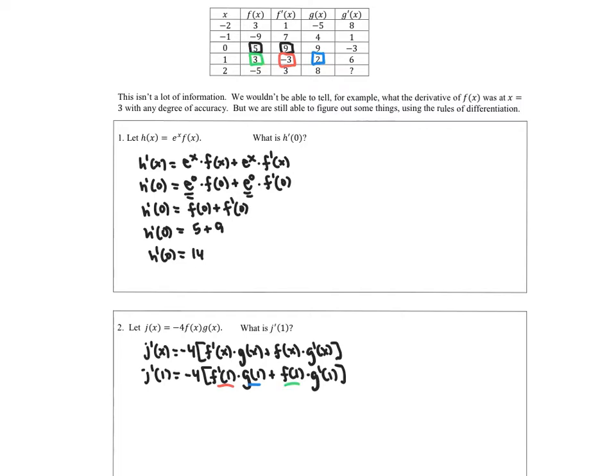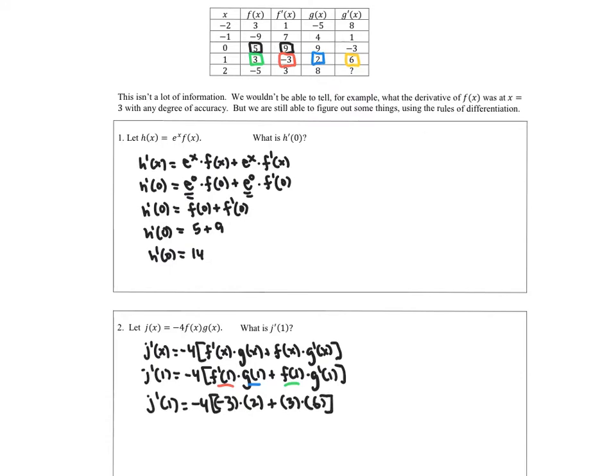And g prime at 1 is 6. So j prime at 1 will equal negative 4 times the quantity negative 3 times 2 plus 3 times 6.